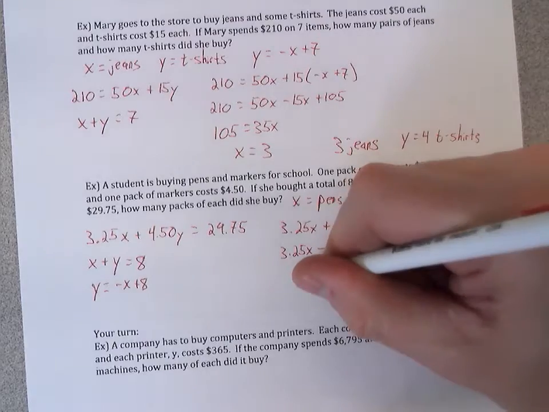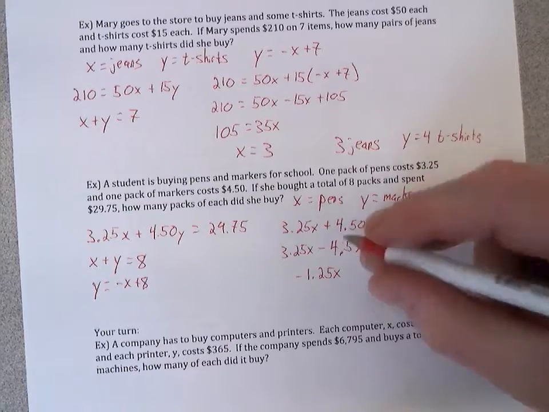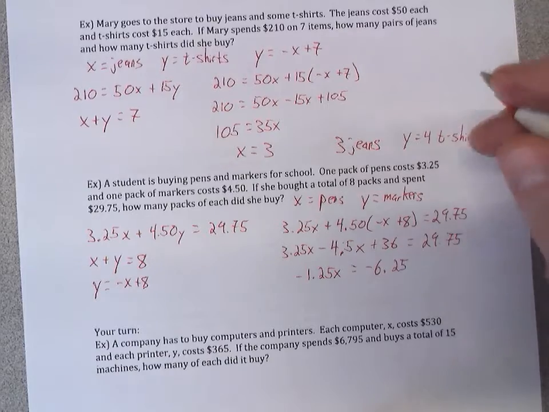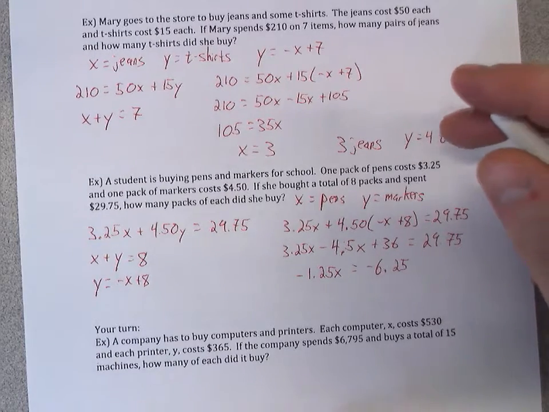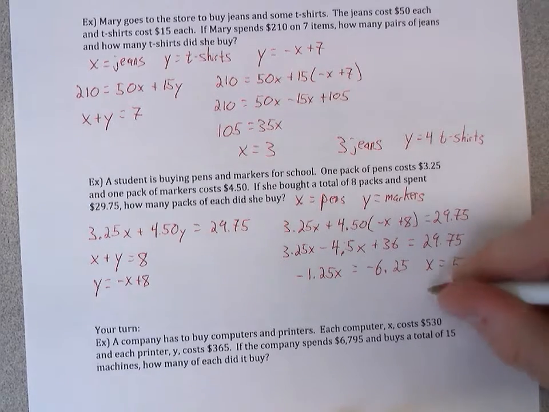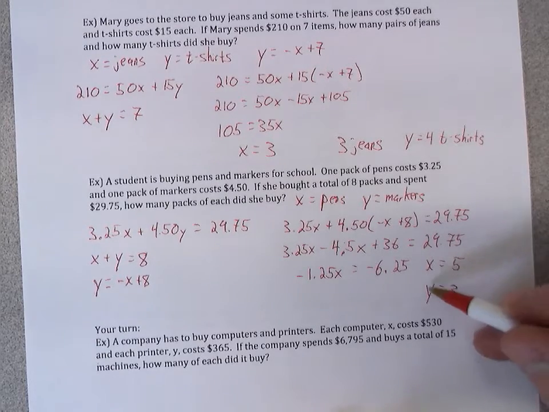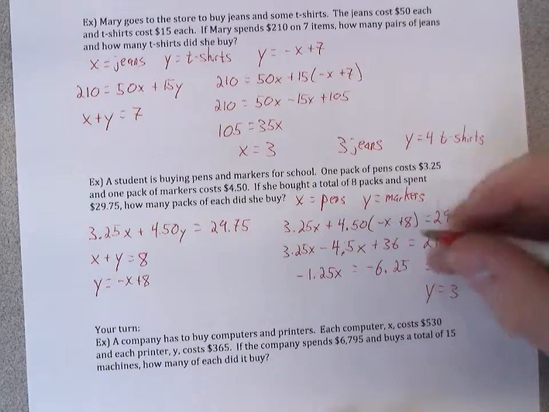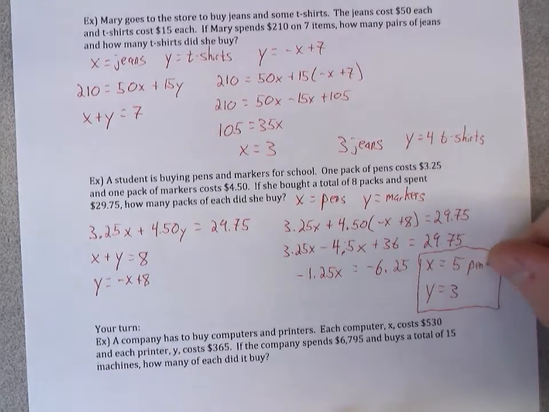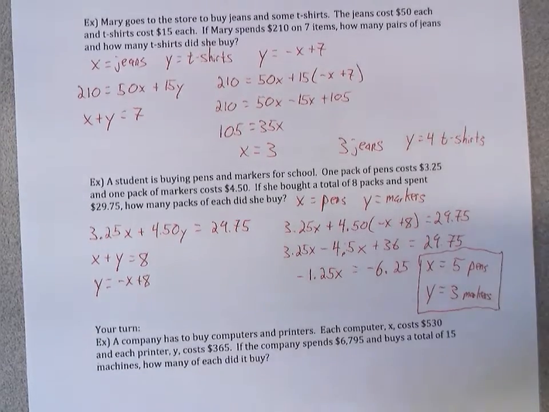I'm going to get negative 1.25x is equal to negative 6.25. Divide, and we're going to get that x is equal to 5. Therefore, y must be 3 because y and x need to add up to 8. So we have 5 packages of pens, 3 packages of markers.